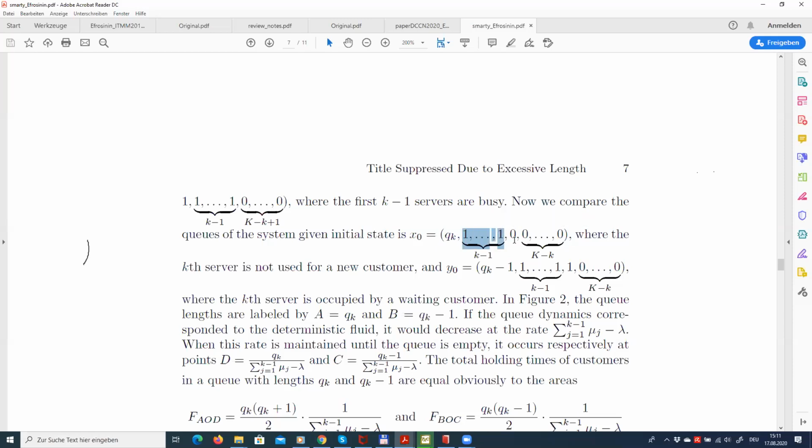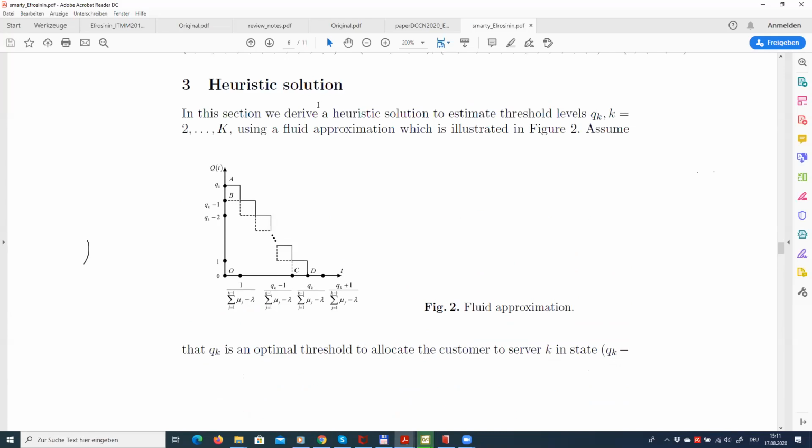Or alternatively, we can put this new customer to the K-th server, and then in the queue we have one customer less. In this figure 2, the queue lengths are labeled by A if we have a queue length qk, and by B if we have a queue length qk-1.